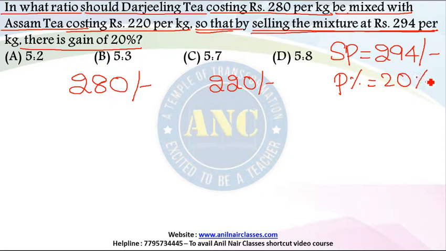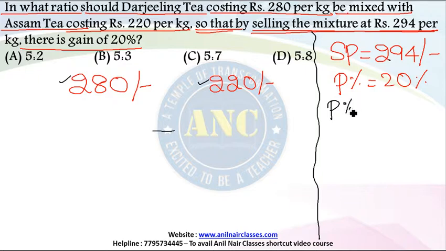Profit percentage is nothing but 20%. Now see here, this is nothing but cost price, this is nothing but cost price. The resultant I am writing should also be cost price, but the resultant of the mixture is given in terms of selling price, and therefore the profit percentage is also given as 20%. Convert that selling price by 20% to cost price.